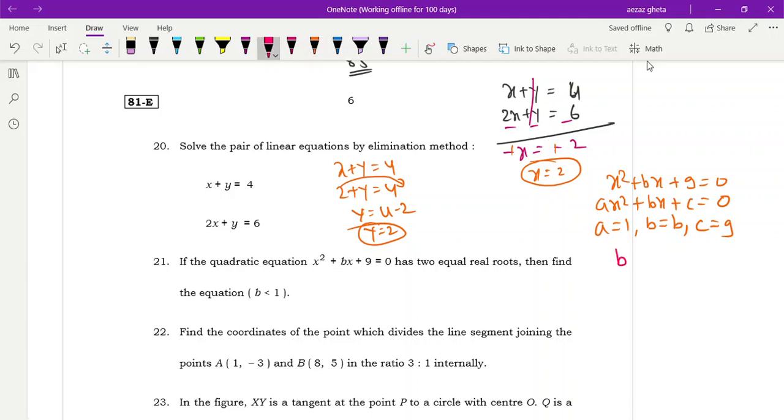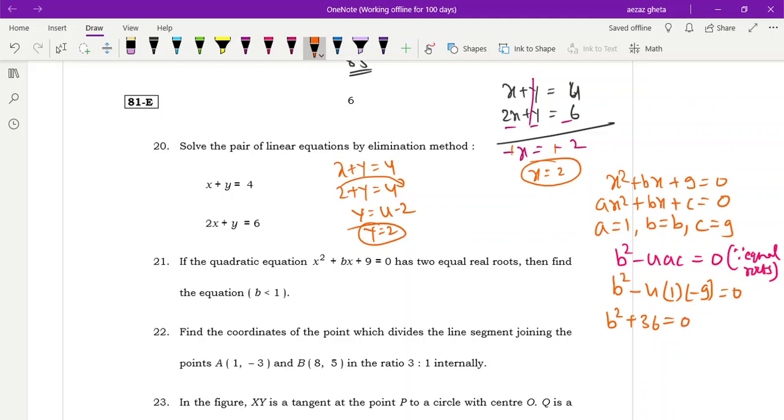So b square minus 4ac is equal to 0, because they give equal roots. Correct? Now b is b only, 4, a is 1, c is minus 9. So we'll get b square minus into minus plus 36 equals to 0.